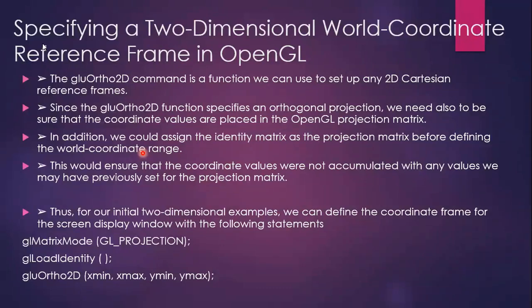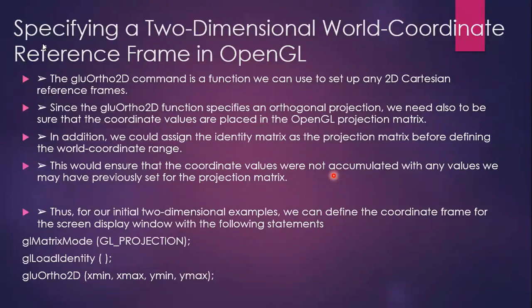This ensures that coordinate values are not accumulated with any values we may have previously set for the projection matrix. The projection matrix will have certain values, and the display is going to be continuous, with many different objects displayed on the screen. So this matrix also has to be changed every time, and the object values should be cleared from the projection matrix.